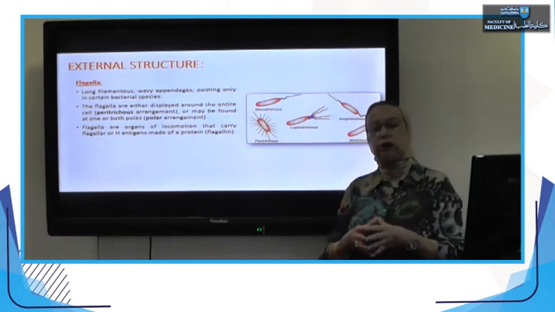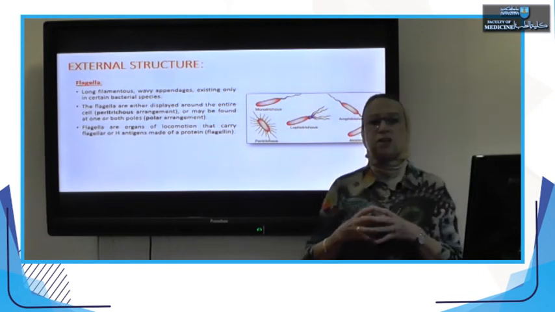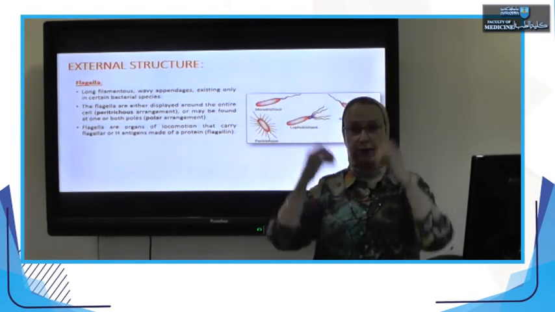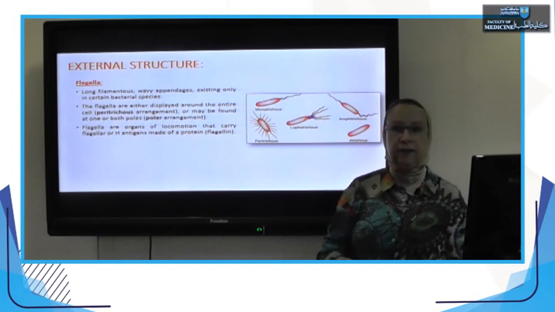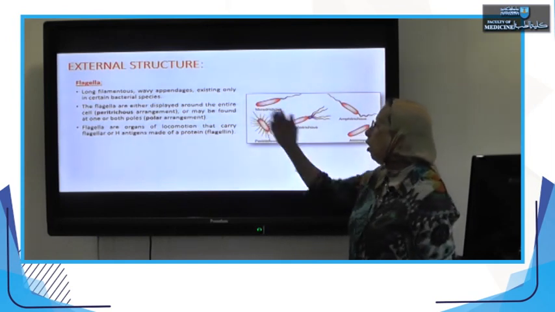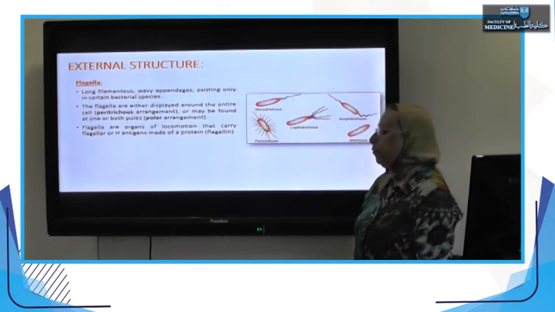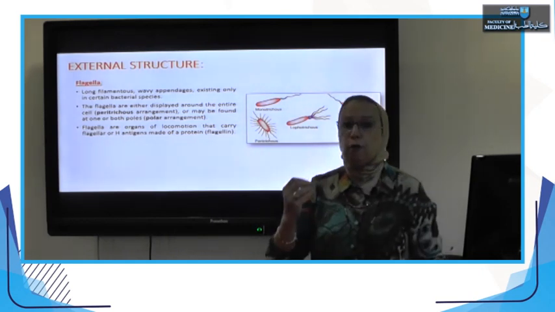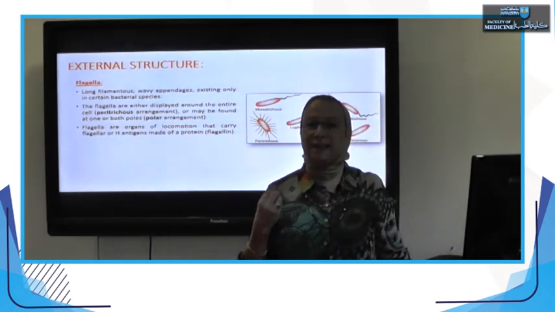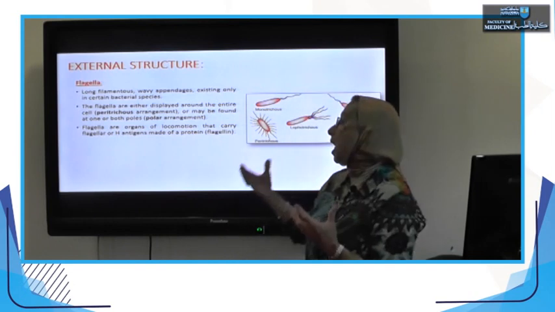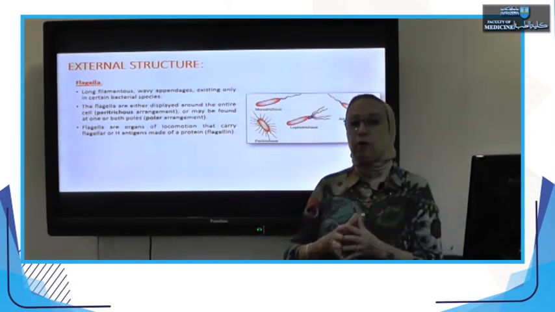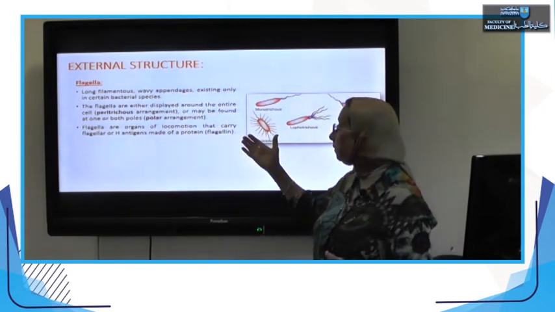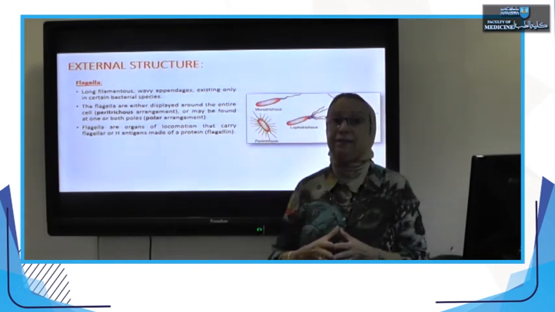Now, other than the capsule, there are some projecting structures from the external surface of bacteria, like the flagella and the pili. What are the flagella? These are the organs for bacterial locomotion, for bacterial motility. They are filamentous but rigid structures made of a protein called flagellin, and this protein is antigenic.